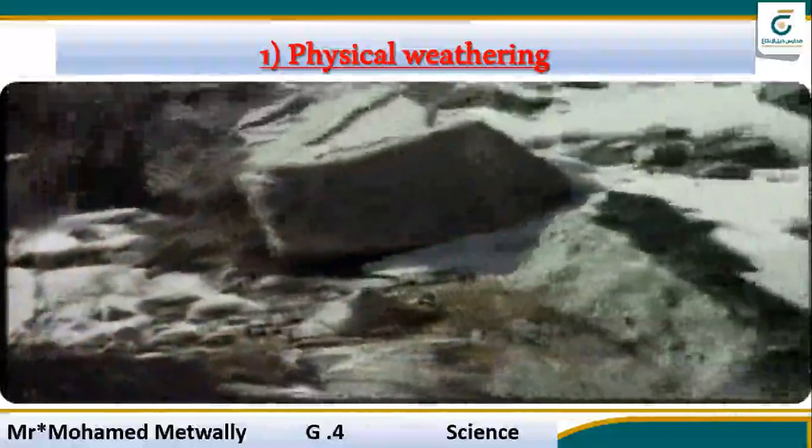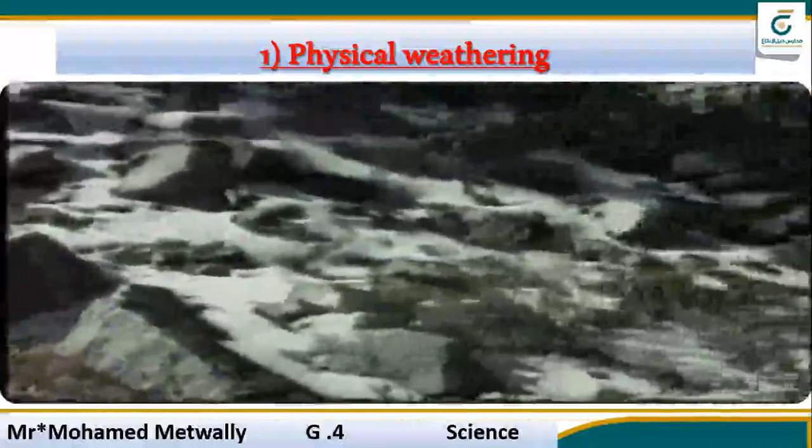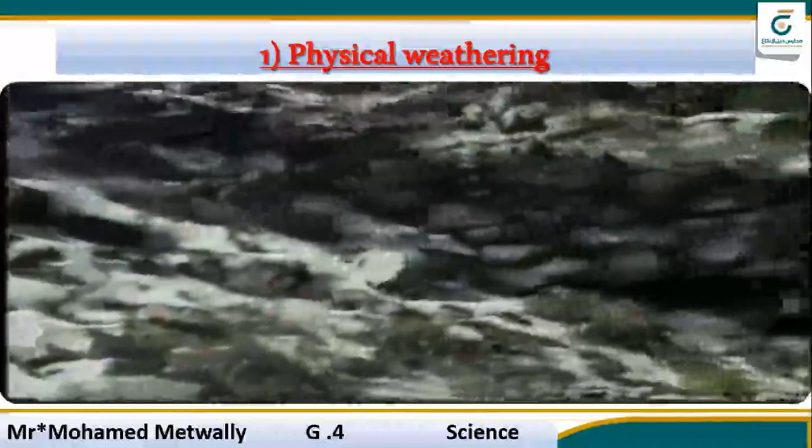Probably the most common cause of physical weathering is the constant freezing and thawing of water in and around the rocks themselves. Let's take a look at a simple experiment which shows how liquid water expands when it turns to solid ice. We fill this plastic measuring cup with water up to the top mark. We want to make sure that we use a plastic container and not a glass container.